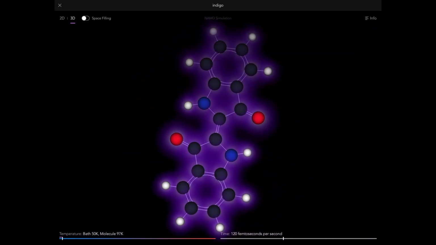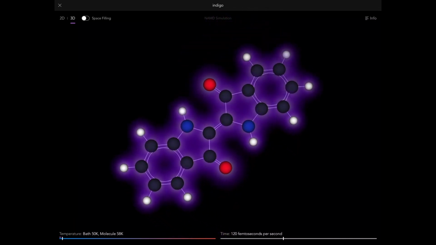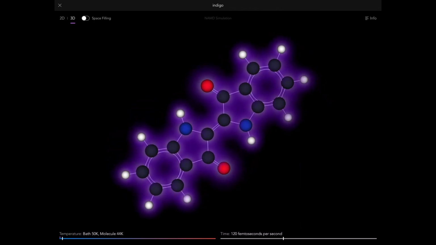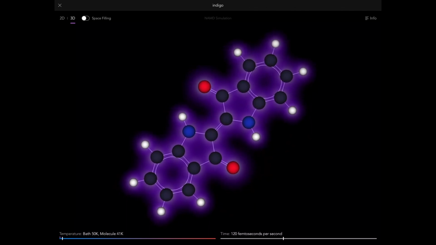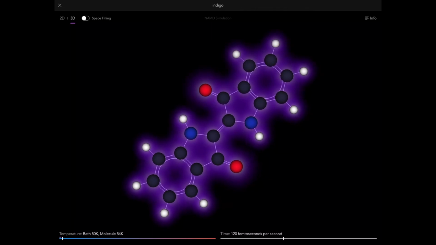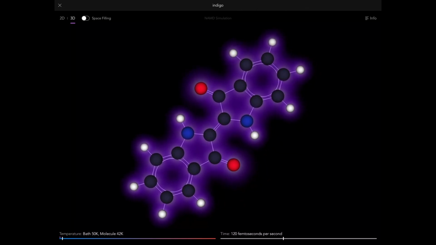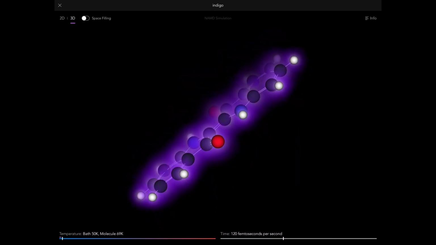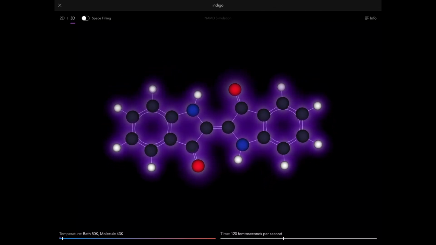This molecule is called indigo because I guess it's purple. Red spheres are oxygen atoms, blue spheres are nitrogen, white spheres are hydrogens, and black spheres are carbons. The purple represents the average electron density for all of the occupied wave functions in the molecule. And as you would expect, it's hovering around where the atoms are.